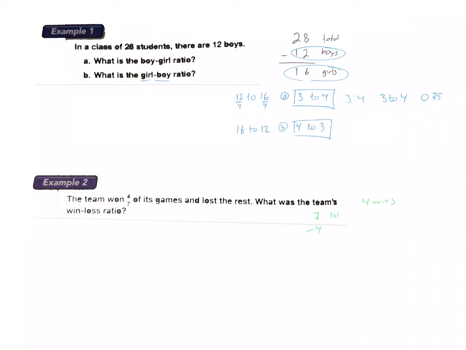And notice it says they won this many and lost the rest, so there are no ties in there. So this would be 3 lost. So if I want the win to loss ratio, there's 4 wins, 3 losses. So I'm going to say 4 to 3.